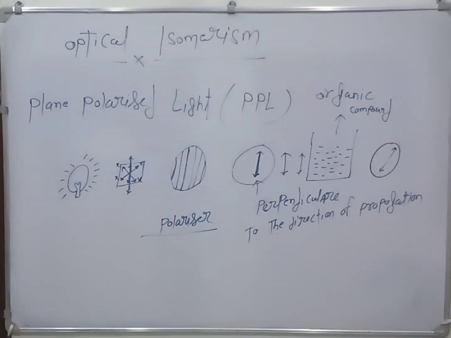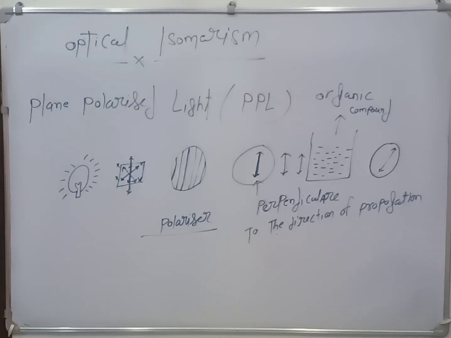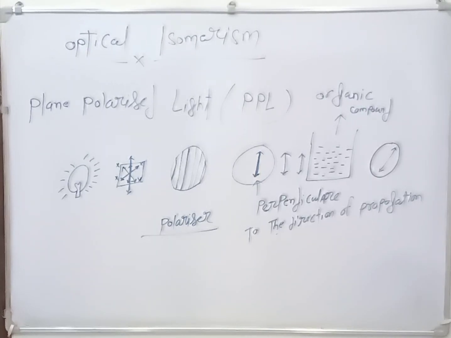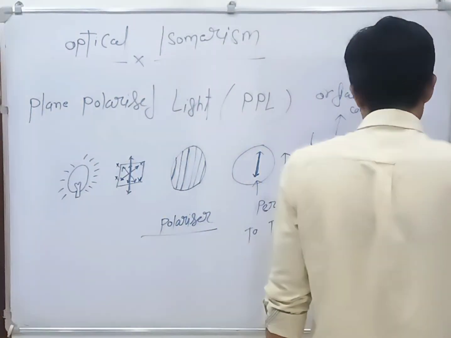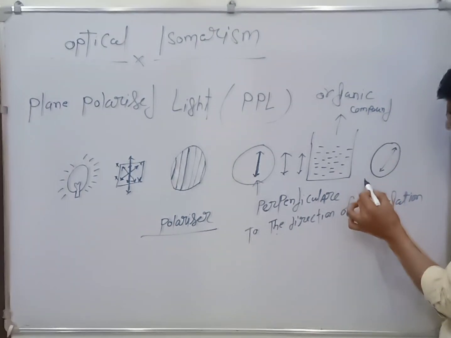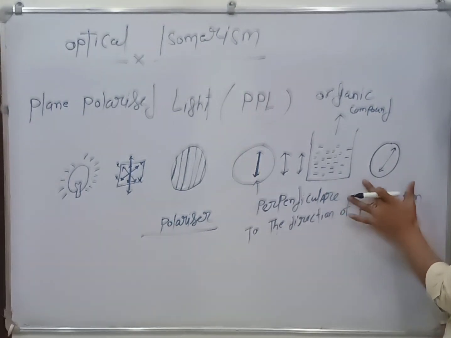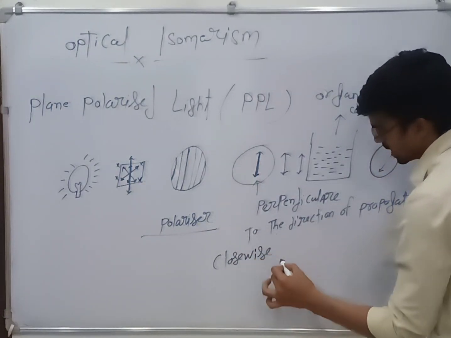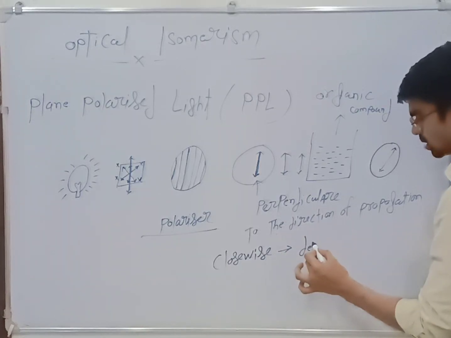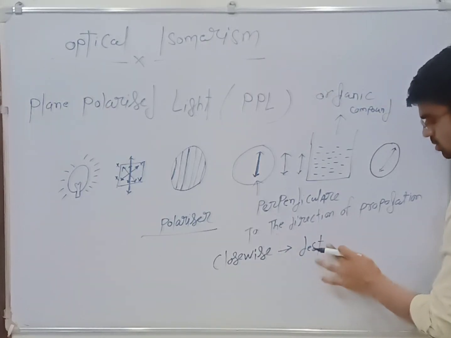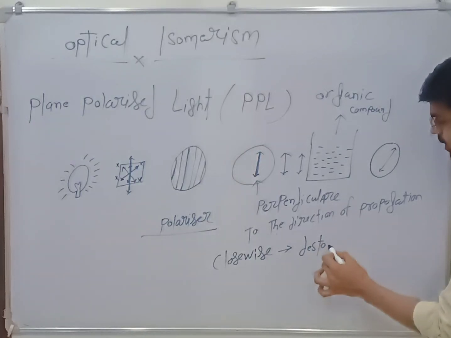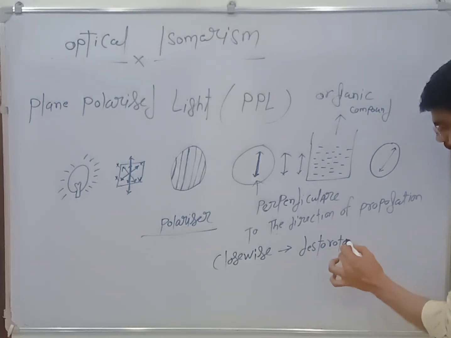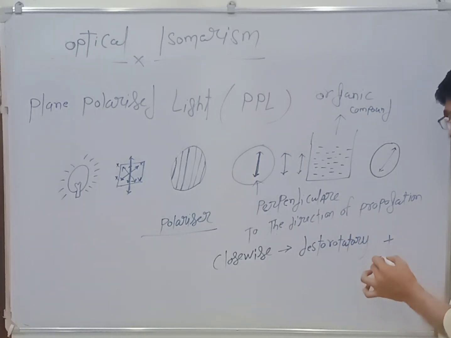So based on their rotation of the PPL light, if the organic compounds rotate the plane polarized light in clockwise direction, they are called dextrorotatory, or denoted by plus sign.